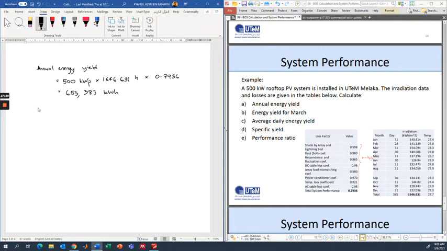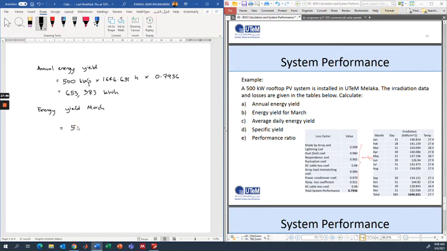Now we calculate the energy yield for March. So we look at the month of March, the value is 154.094.